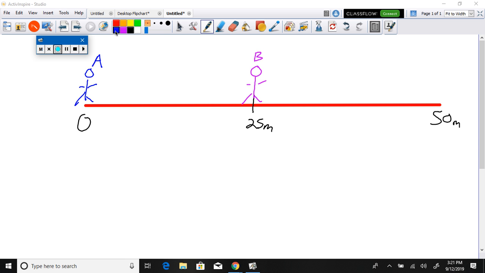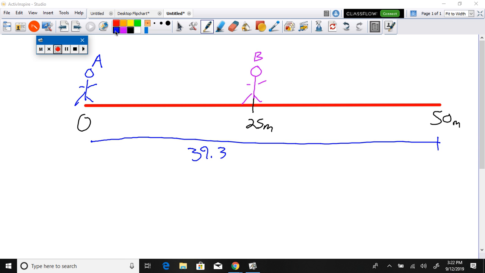Now let's say that person A walks the distance in a time of 39.3 seconds. Let's say person B is slower and walks that distance, which is really 25, in a time of 42.7 seconds. At what point will person A catch person B?